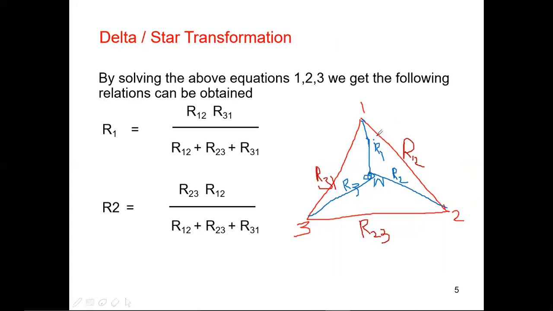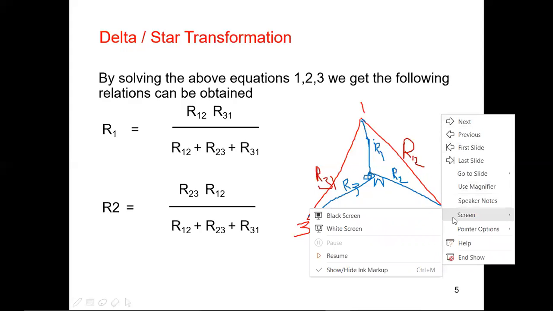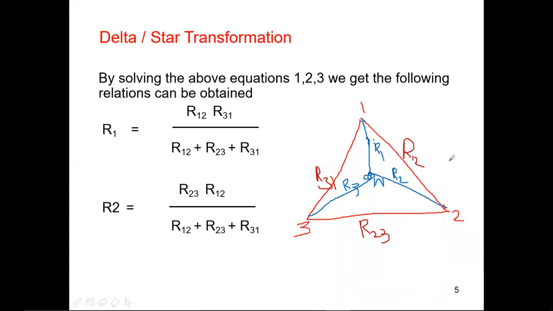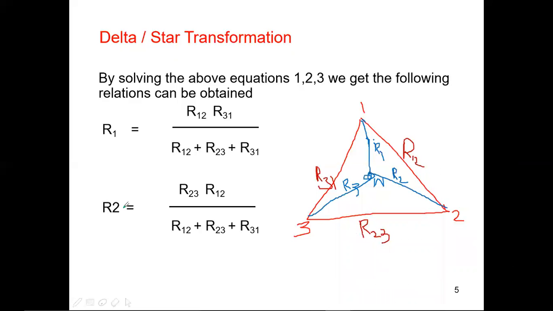Right. Next. Now, these are the equations R1, R2, and R3. While I'm writing R1, R2, R3, these are resistances of the star connection, meaning the unknown values of resistance R1, R2, and R3. How will you get the value of R1, R2, R3 of star?